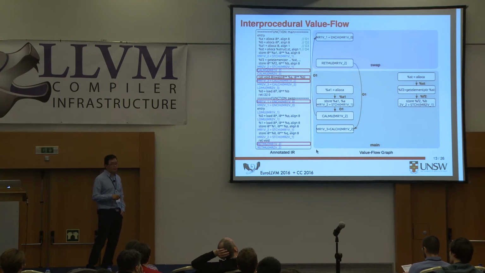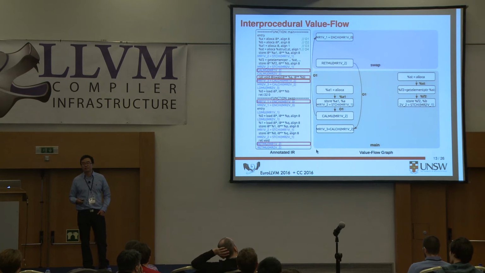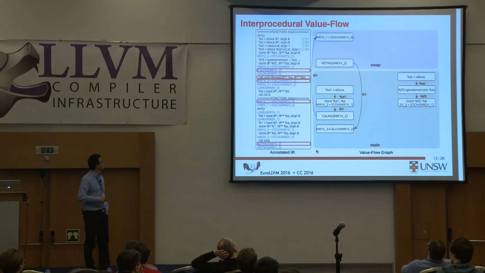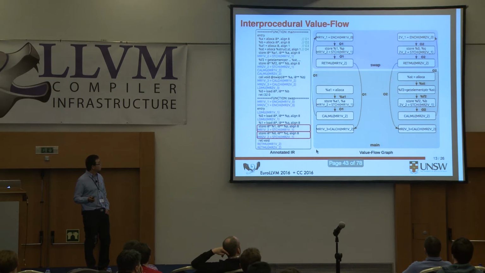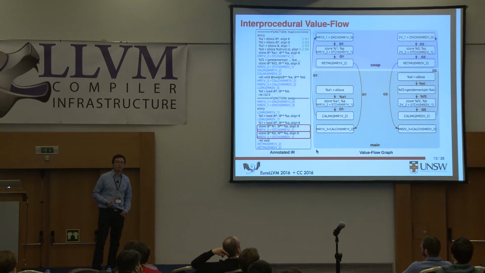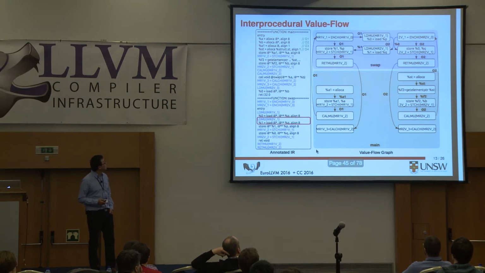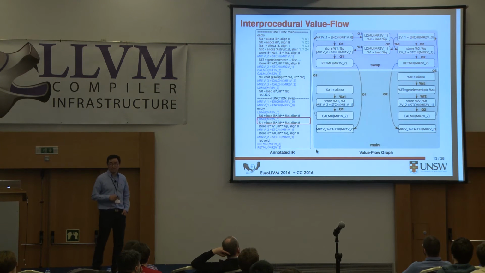We also leverage the annotated side effect information in the memory SSA form, so we connect the interprocedural value flow for the address-taken variable O1, similarly O2, and eventually we leverage all the side effect information to connect the whole-program interprocedural value flow information. Eventually it will look like this.